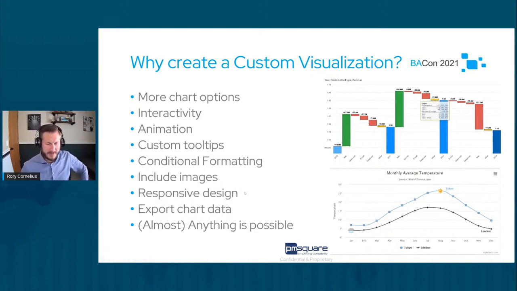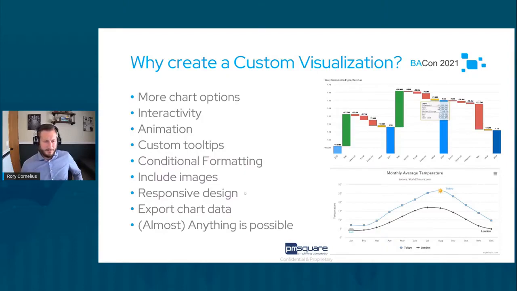For anybody who was listening to the keynote this morning with Takeda, one of the things they said is that they went back and used the legacy charts for a lot of the different charting options they had out there. That's because the properties and the configuration are set up on those so that you can make them look pretty modern and provide the data, but they aren't responsive by default.